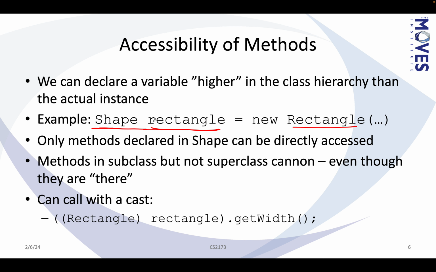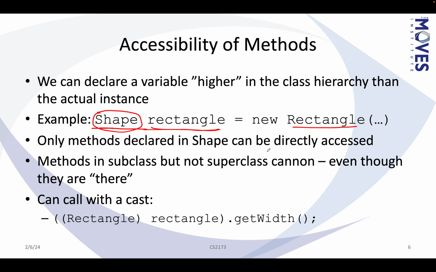Even though this object actually has it because it's a rectangle, I've only declared it to be a shape, so I cannot directly invoke that method here. The compiler says, all you claim to be is a shape, which doesn't have the getWidth method, so it will give a red squiggly. Only the methods that are declared in the declaring variable can be directly accessed. So that's kind of the dark side of declaring things at an abstract level.